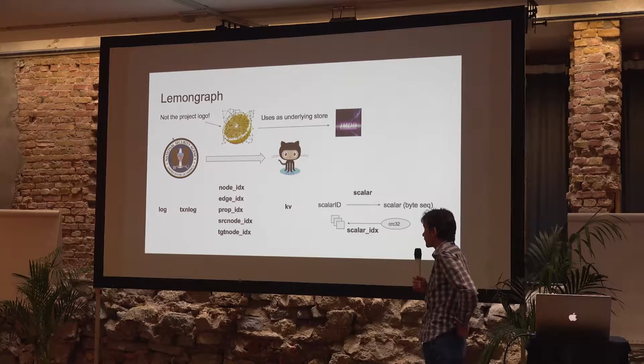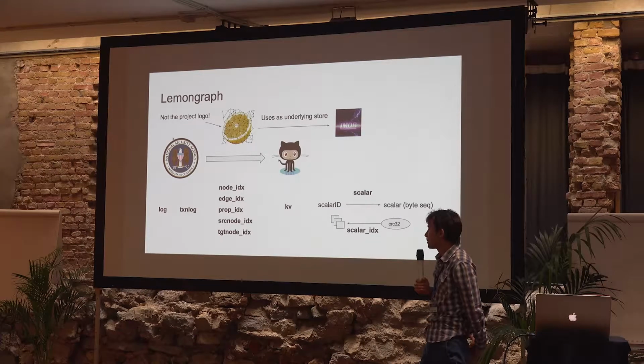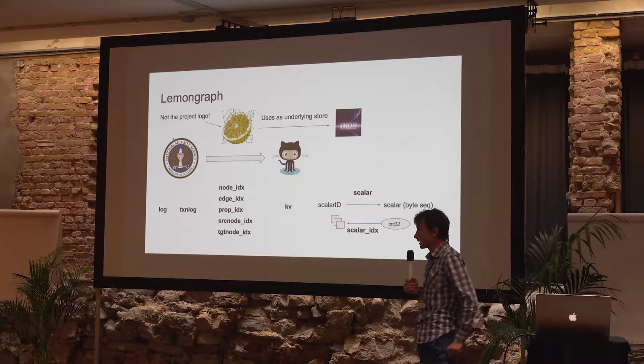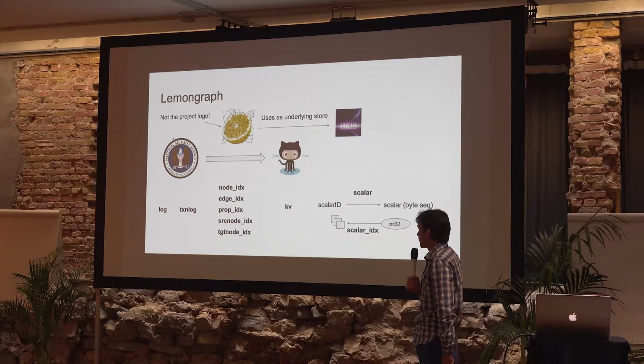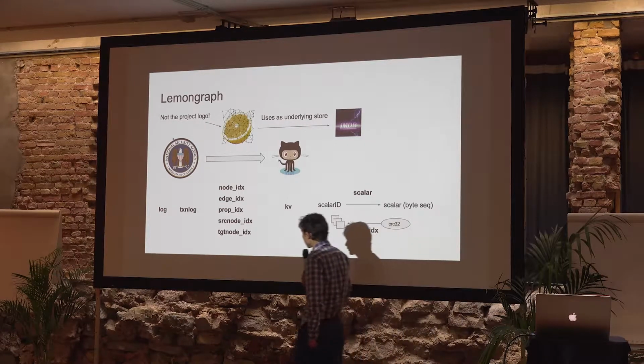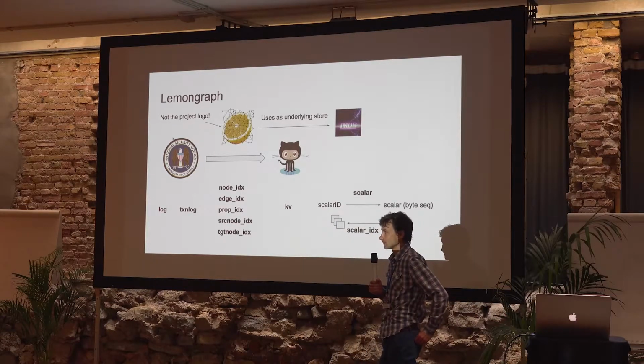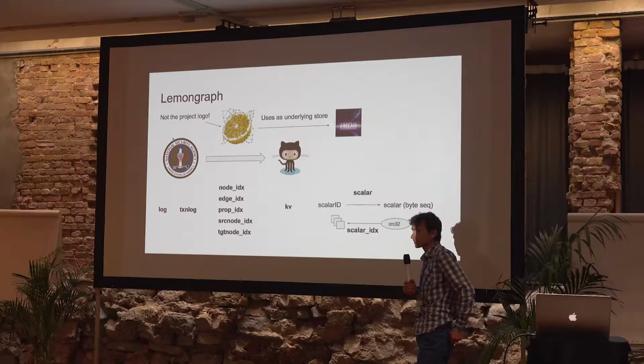I started to look into it, and the underlying storage is called LMDB, which is Lightning Memory-Mapped Database. Essentially, it's another B+ tree database, and the architecture of LemonGraph is that, well, they claim it to be super fast. It's written in C with some Python bindings at the moment.